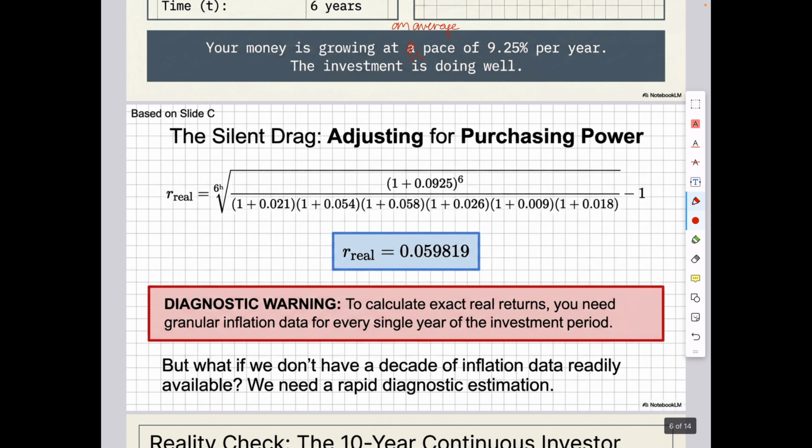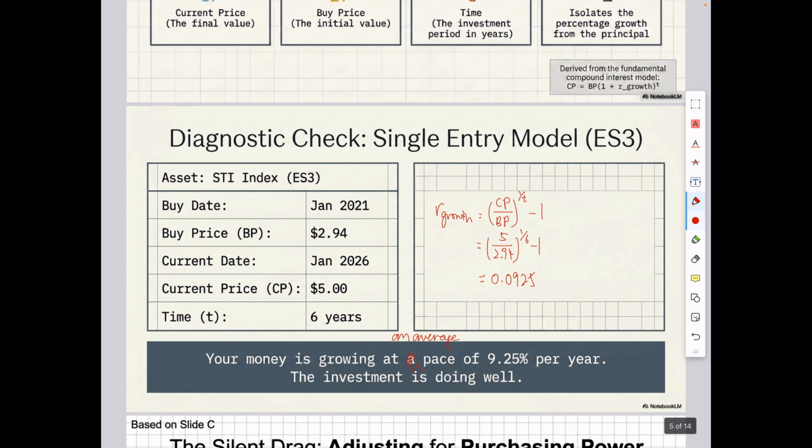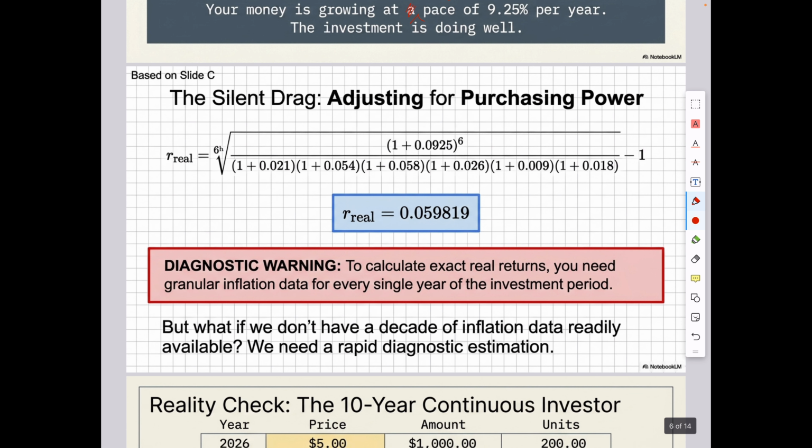So if I were to put this 9.25 into my adjusted real rate of growth with inflation, to adjust for purchasing power, as we have learned in the first and second video, I put in the investment data.